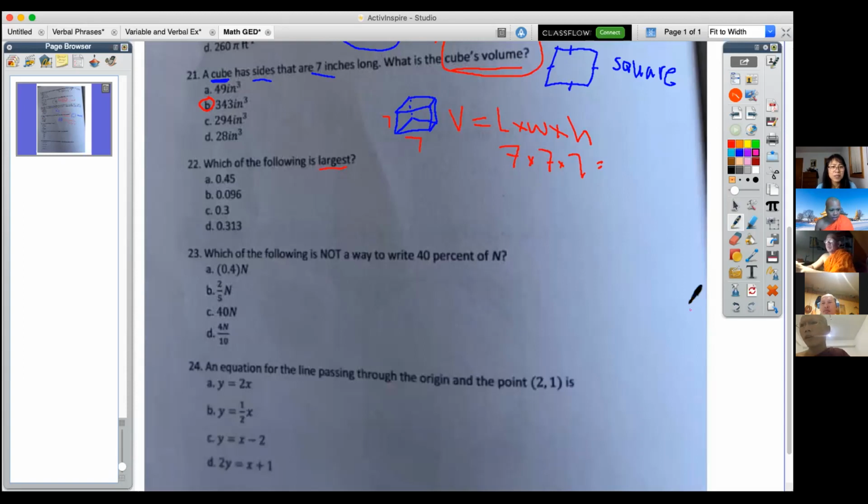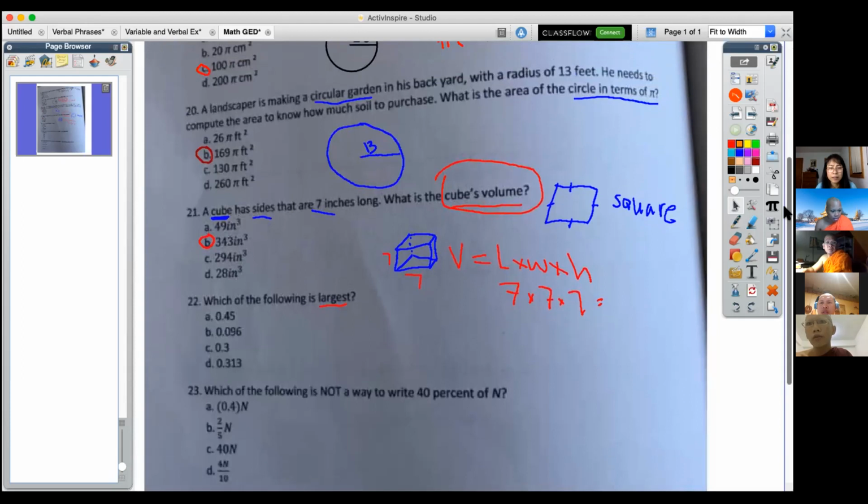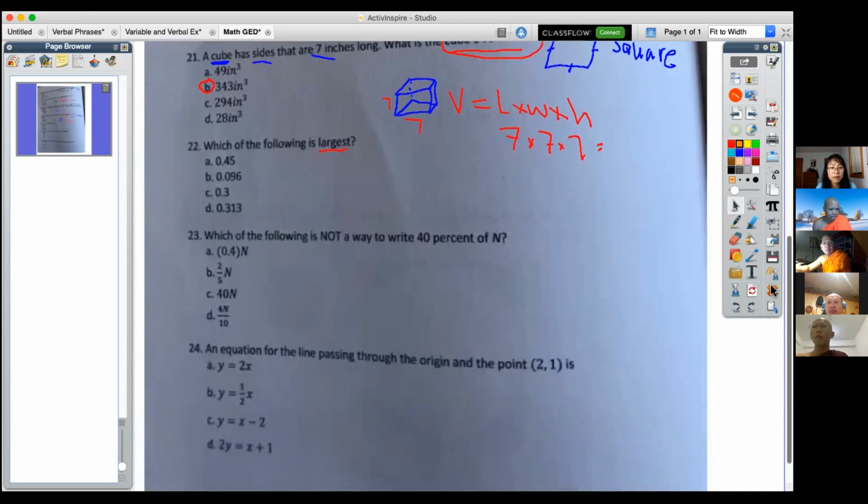I don't see which 2020. Oh, 22. Okay, hold on. Sorry, 22. What is the structure? No, they want to ask us what number is the largest number.